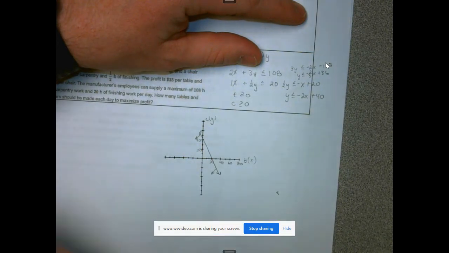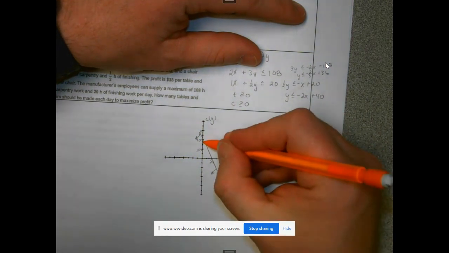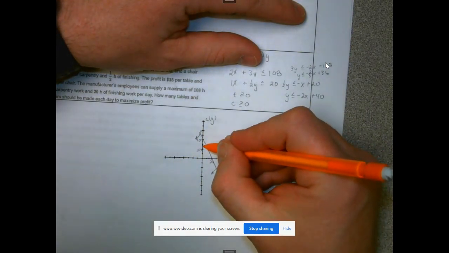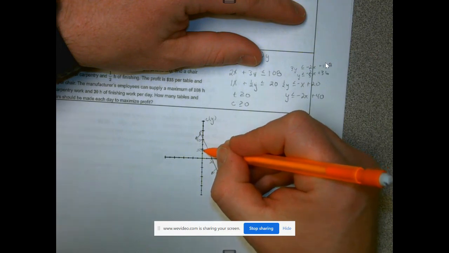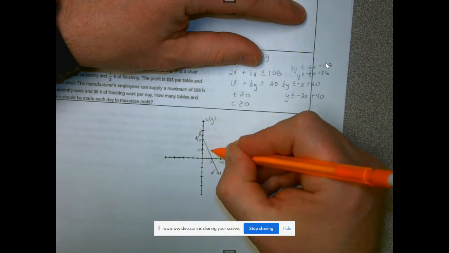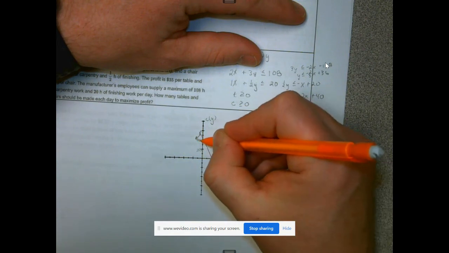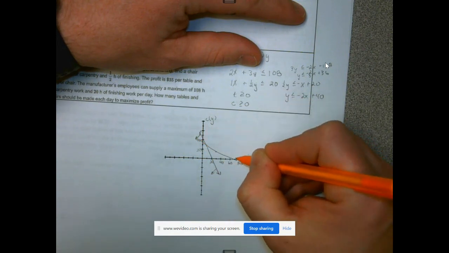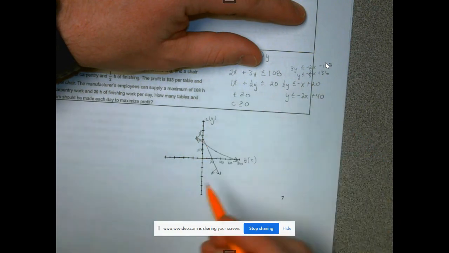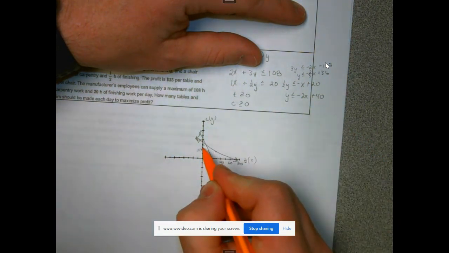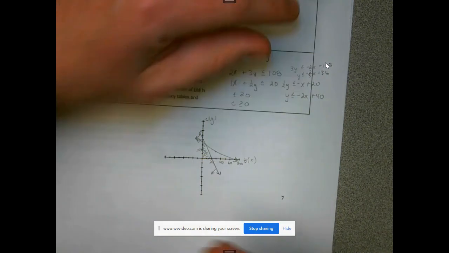And we're going to go down 2, right 3. So it's about something like this. And we're going to shade below that. So right here is our feasible region.